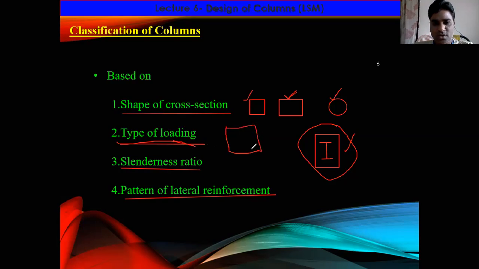Suppose this is your column. If the load on the column exactly coincides with, or passes through, the centroid of the column, then we call it an axially loaded column. That means there is no eccentricity. I think we have a clear picture.